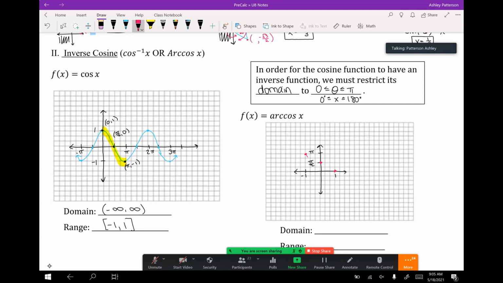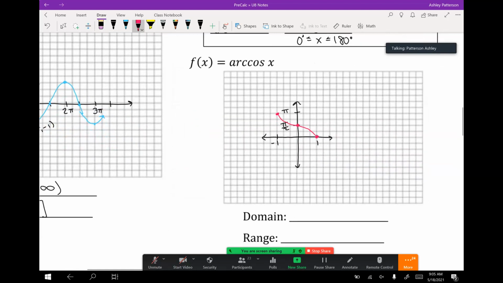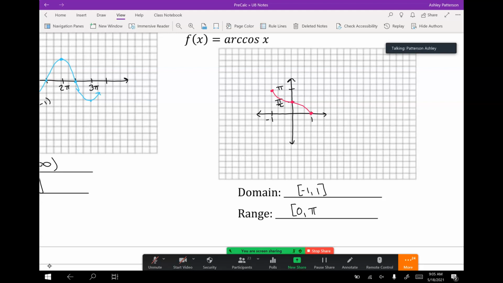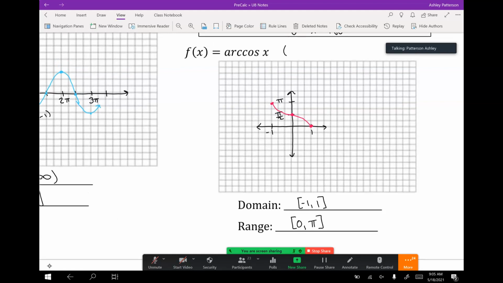And then we'll connect these in a somewhat strange-looking curve again. Make it a little bit bigger if you need it. We can see that the domain goes from negative 1 to 1, which is the range of the inverse, followed by the range being 0 to pi, which is the restriction. Remember that the inverse can be written as either arc cos, or you can write it as cosine to the negative 1 exponent.